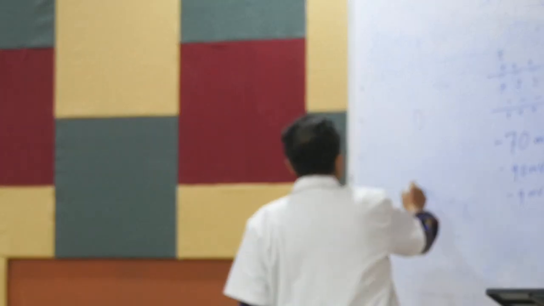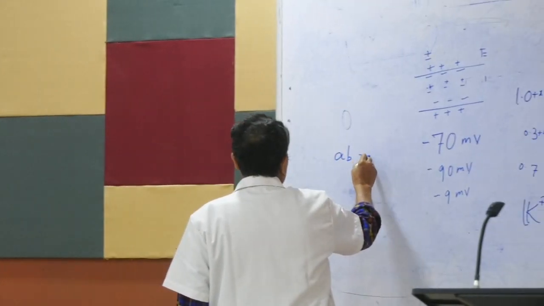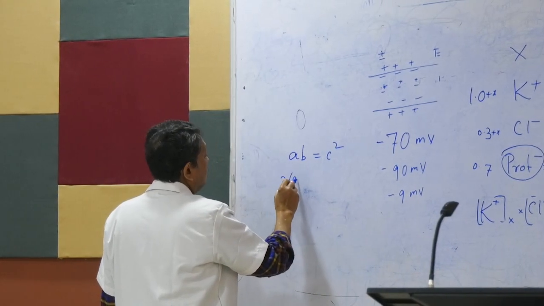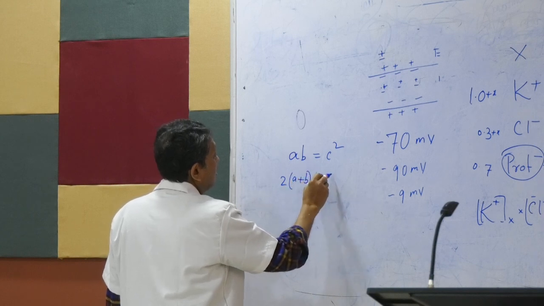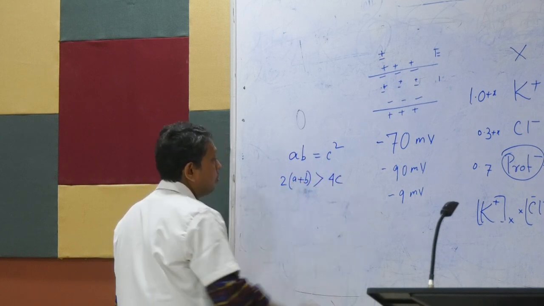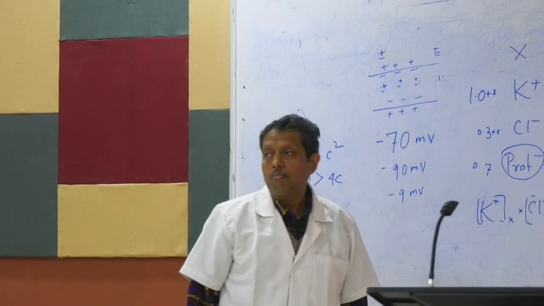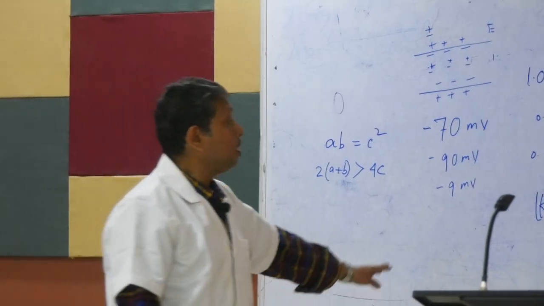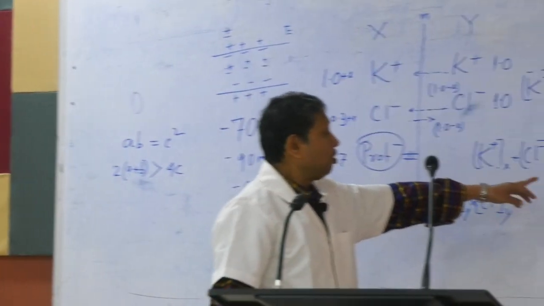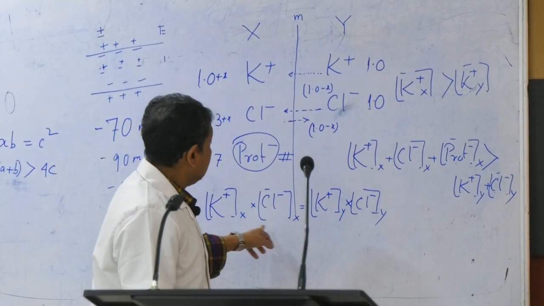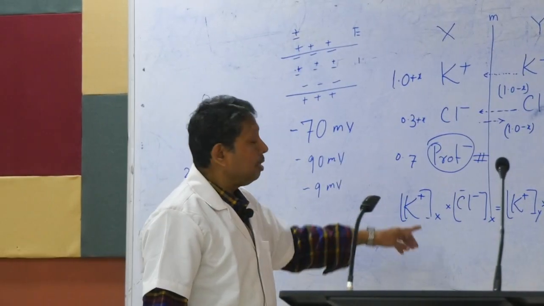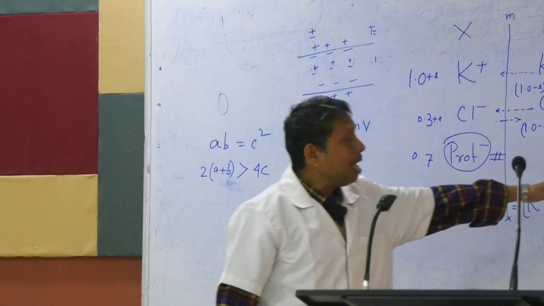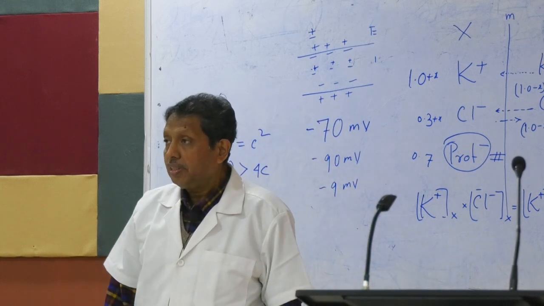Suppose AB is equal to C square, then 2 into A plus B is bigger than 2 into 2C. Even if you do not consider the protein, there is more in this compartment. So there are more osmotically active particles, and the protein also adds more to this.